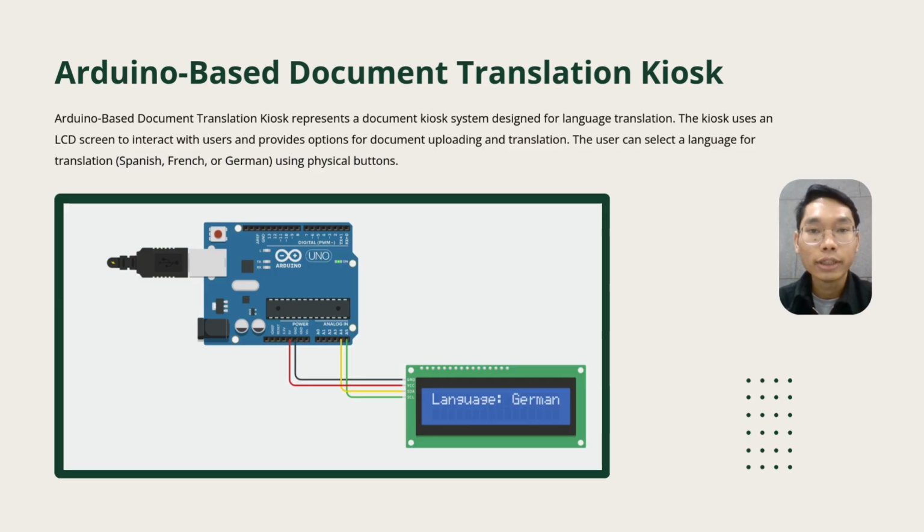The user can upload a document by pressing the upload button. The system simulates the upload process, showing a message on the screen indicating that the document is being uploaded. After that, they can press the translate button to initiate the translation process.